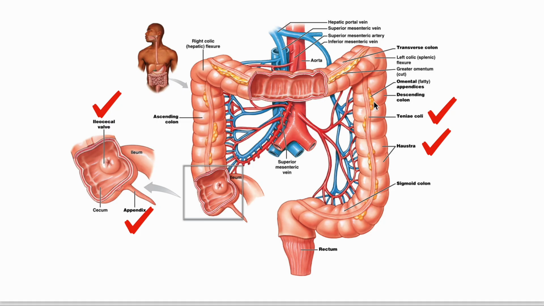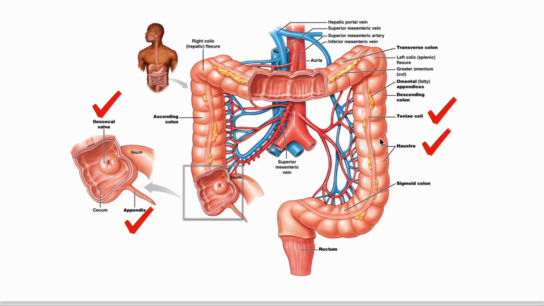And then you'll notice that there's these segments to the large intestine. Those segments are called haustra. And then you'll also notice there's this ropey looking structure. There's actually a couple of them that run, I think there's 3 of them that run down the sides. And that is called the tinea coli.